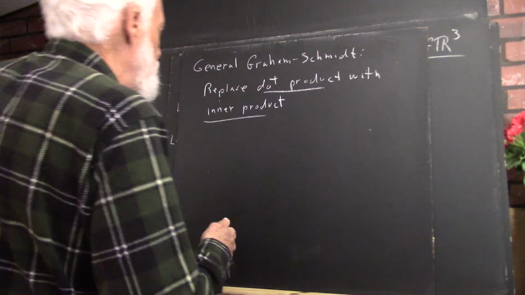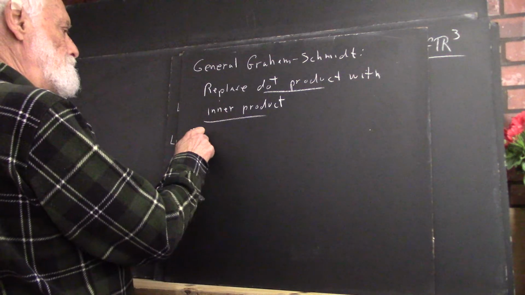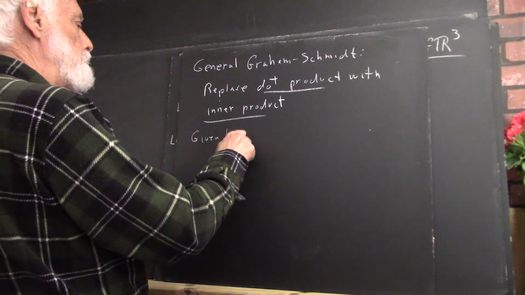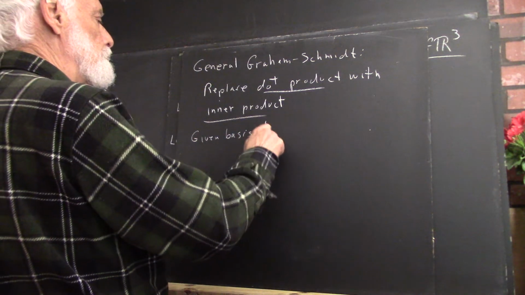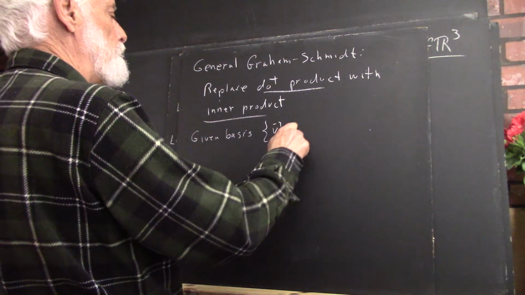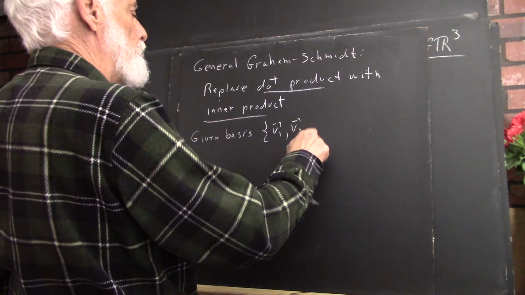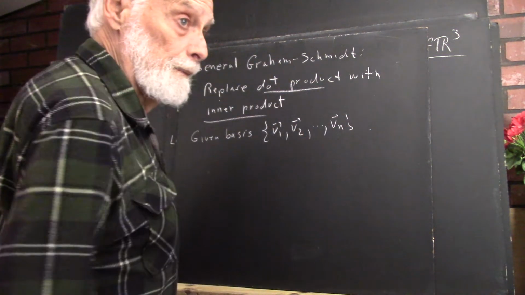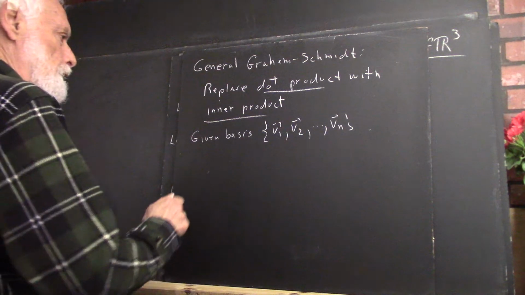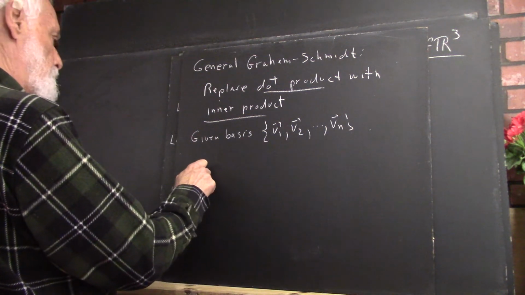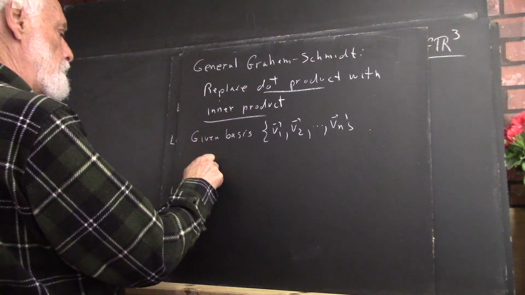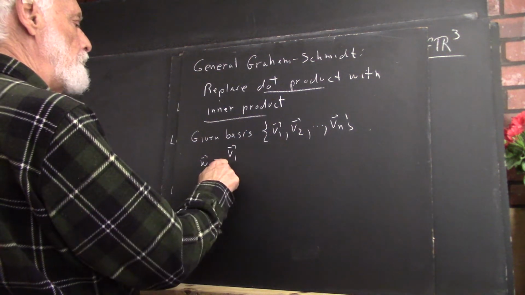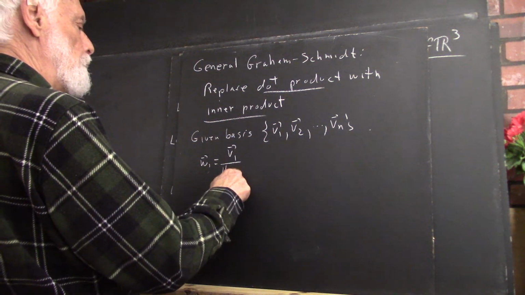So if we have a given basis V1 through Vn, let W1 equal V1 over the magnitude of V1.